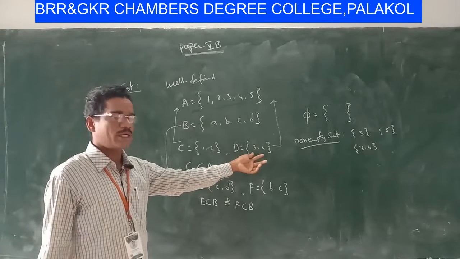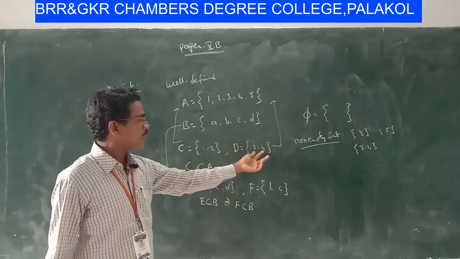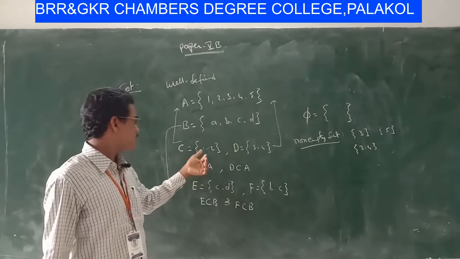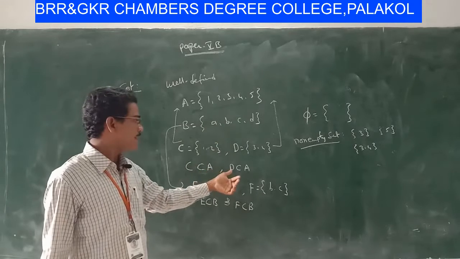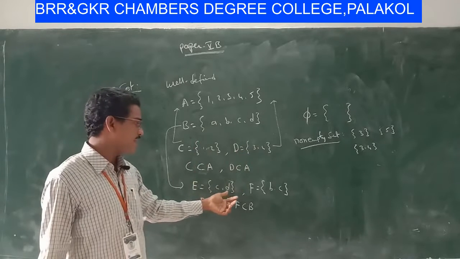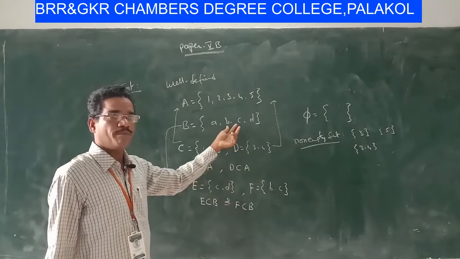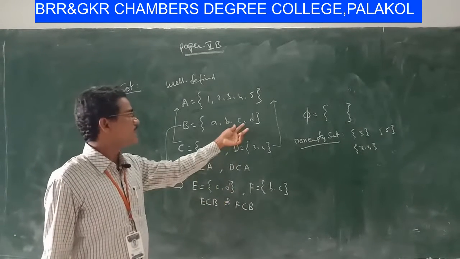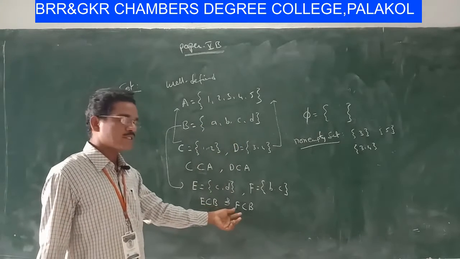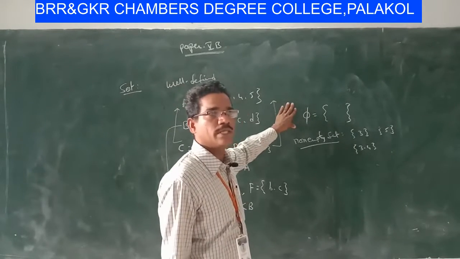D is a set, but D is also a subset of A, because 3, 4 are in the set A. So C is a subset of A and D is a subset of A. Similarly, E is equal to {C, D} and F is equal to {B, C}. So B, C are in B and E, D are in B, so E is a subset of B and F is also a subset of B. Next, the empty set means there are no elements.